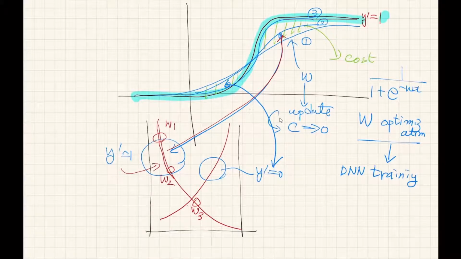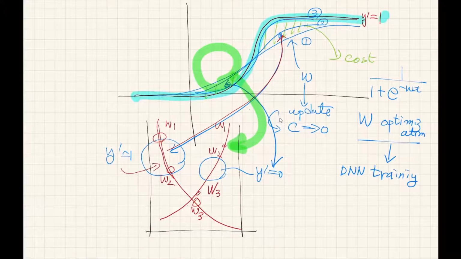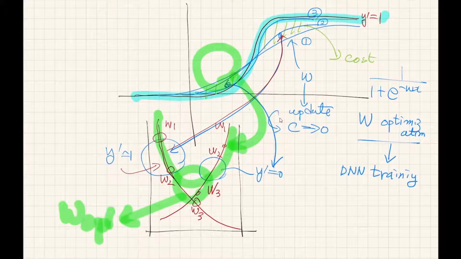Meanwhile, this area will determine this curve. During the training process, it will have this kind of number and eventually reach a point. The sum of these two curves becomes a minimal point, which is W optimal.